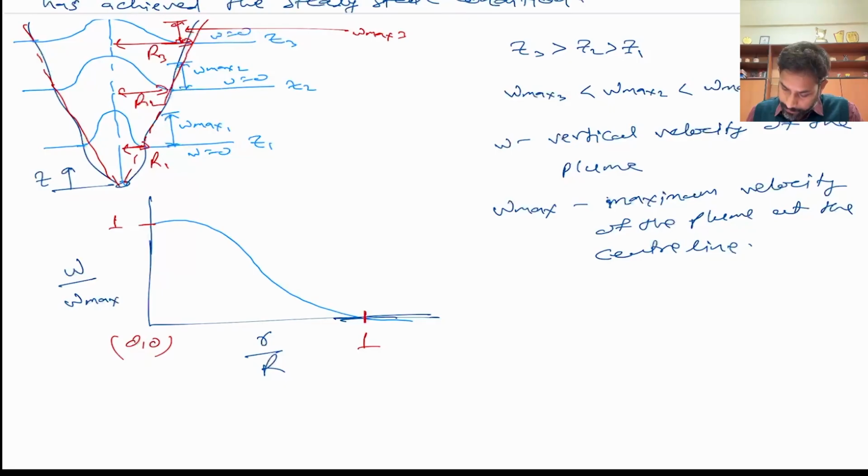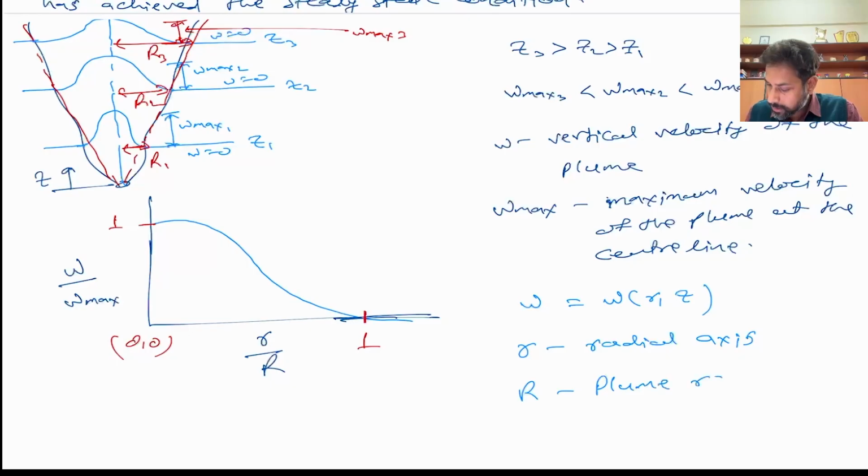Okay, where w here is function of r and z both, and r here is the radial axis and capital R is the plume radius.